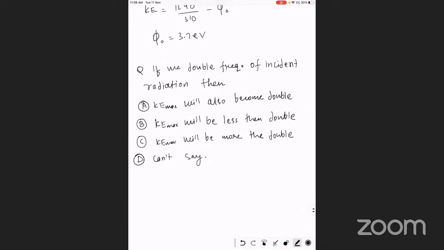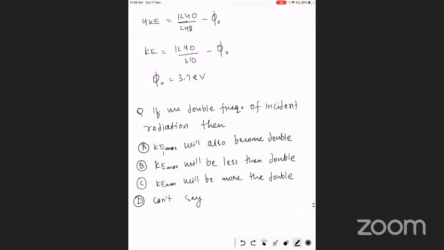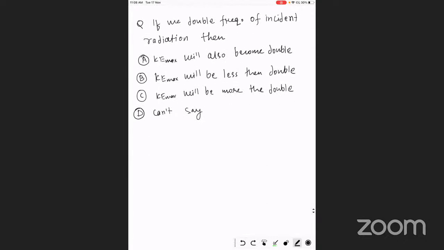Extraordinary. You have very good mathematics. Kinetic energy will become more than double. See, this equation we know. KE max is equal to hc by lambda minus work function. Or we can write h into f, where f represents frequency.